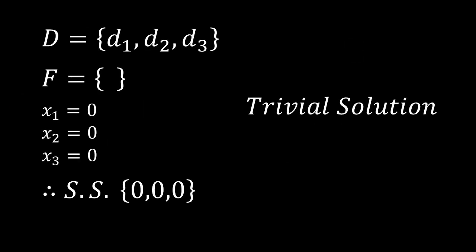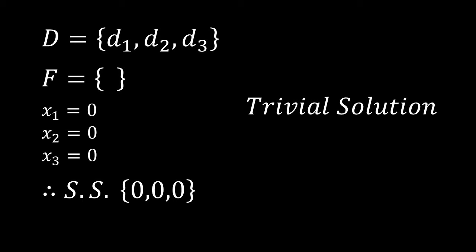Our dependent variable, or also known as our pivot column, is found in column 1, column 2, and column 3. And we have no free variable or independent variable.